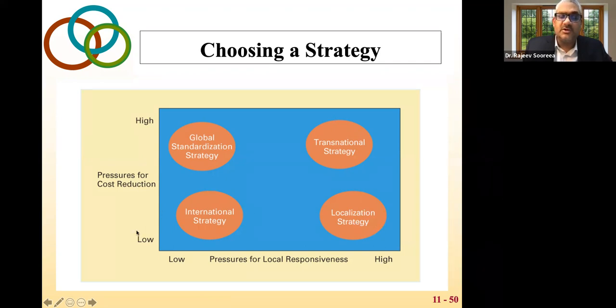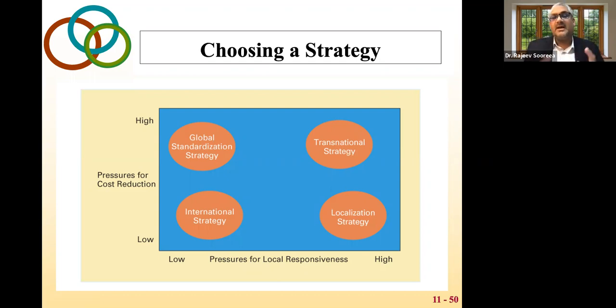If your pressures are low on both sides, you're going to be facing an international strategy. And if your pressures are high on both sides, you're going to be adopting what we call a transnational strategy.